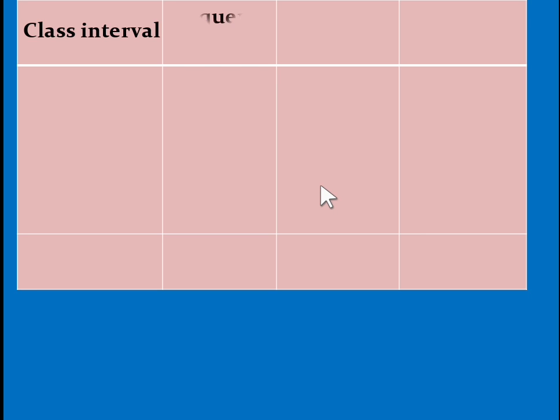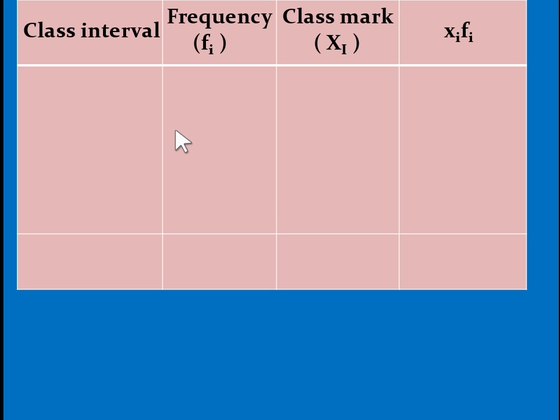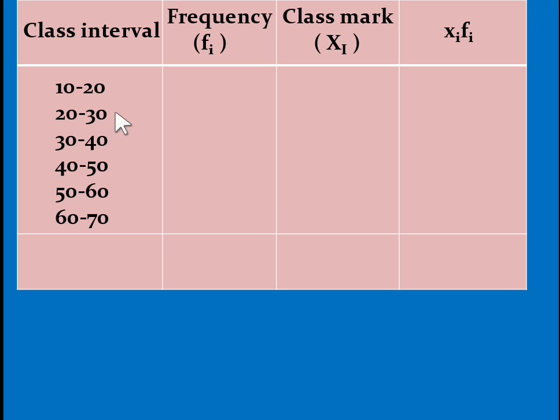Class interval, frequency, class mark, xi fi. Class intervals are given 10 to 20, 20 to 30, 30 to 40, 40 to 50, 50 to 60, 60 to 70.